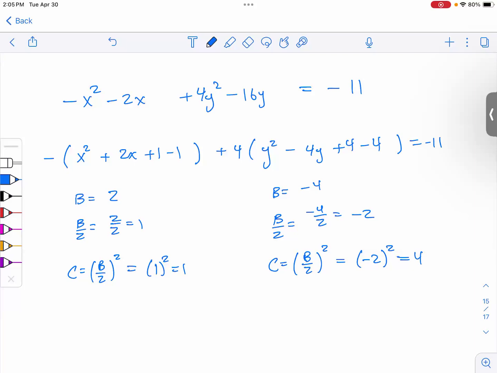Now, also as a note, these are two crazy easy perfect squares. So I identified B over 2, and C just for completion.